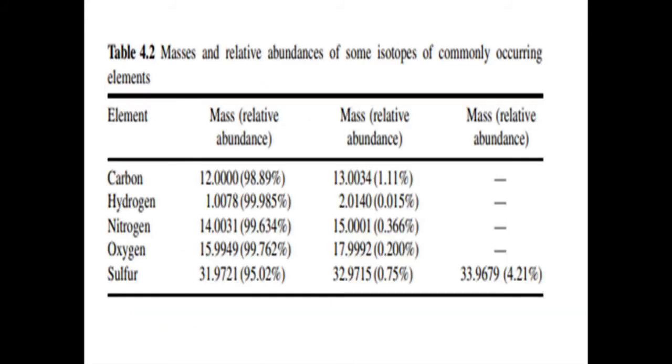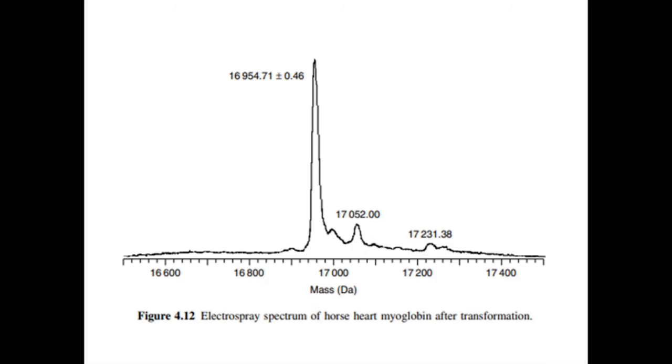For example, chlorine consists of two isotopes, that is chlorine 35 with a mass of 34.9689 and chlorine 37 with a mass of 36.9659, with relative abundances of 75.77 and 24.23 percent respectively, which leads to a chemical average atomic weight of 35.453.